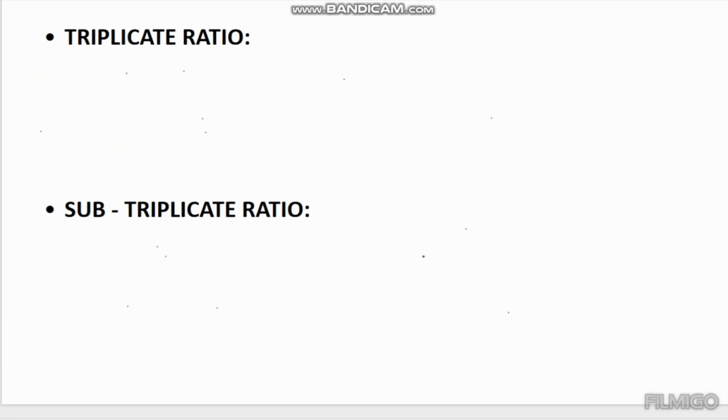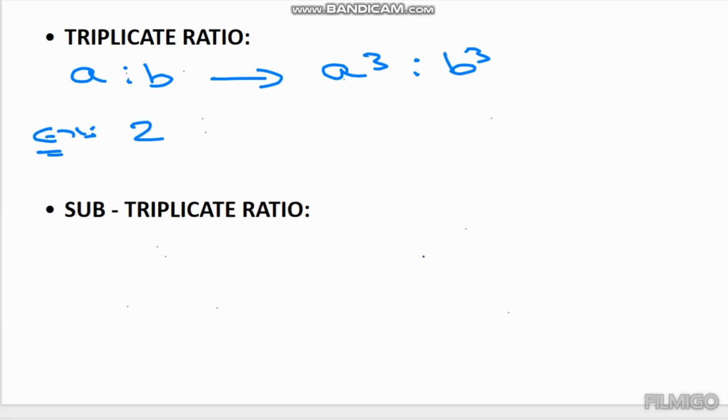The triplicate ratio of A is to B can be represented as A cube is to B cube. Example, the triplicate ratio of 2 is to 3 can be written as 8 is to 27.